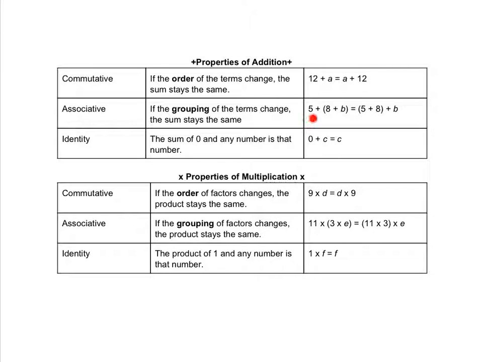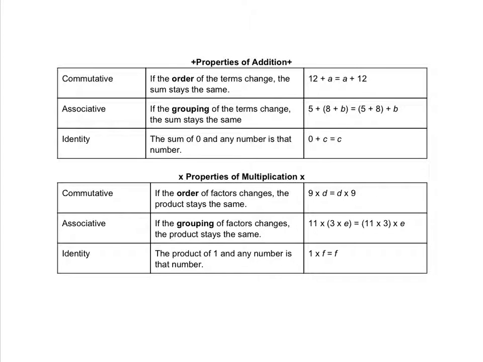So if we have 5 plus 8 plus b, and 8 and b are grouped together, that's okay because they're all being added together. If we have 5 plus 8 and then add b, that's okay as well. With addition, it doesn't matter which ones we do first, as long as the numbers stay the same. Okay, so these, you'll notice they're in the same order, 5, 8, and b, 5, 8, and b, but they just grouped them differently, and that doesn't change the answer when everything's addition.